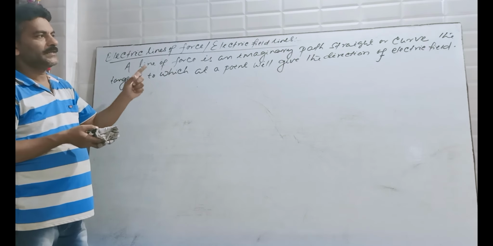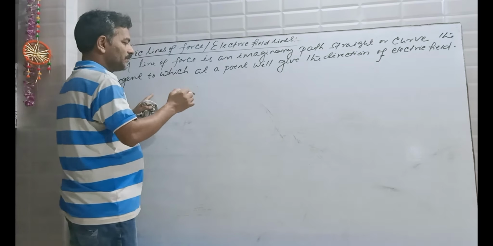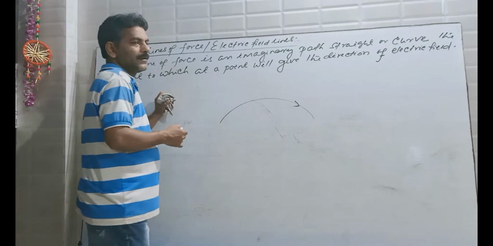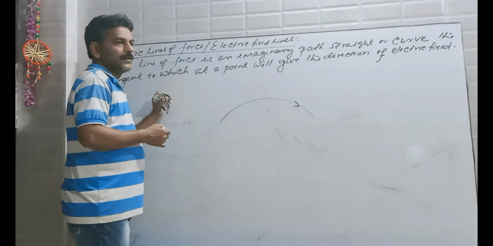You see, a line of force is an imaginary path, straight or curved, and a tangent drawn on that curved path or straight line path will give the direction of electric field. That means, suppose this is a line of force. Suppose you are interested in finding the direction of electric field here. Then how can you find it?